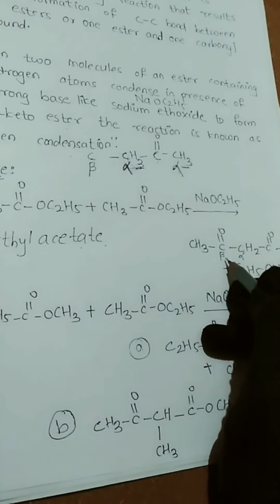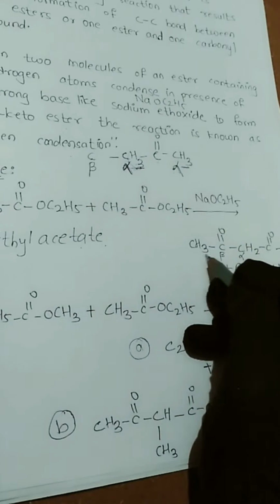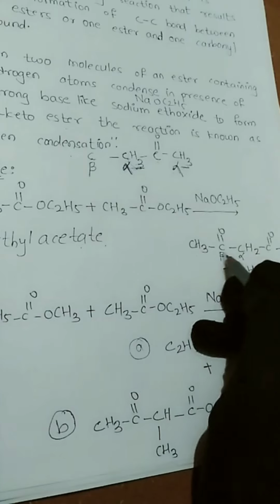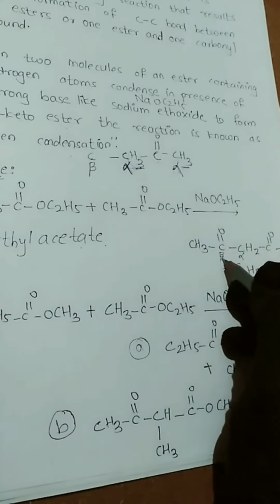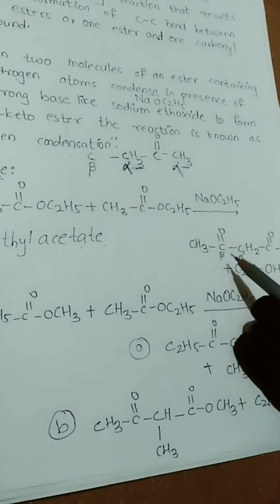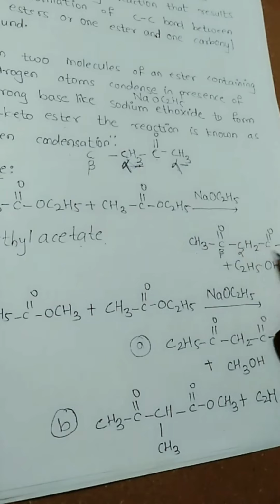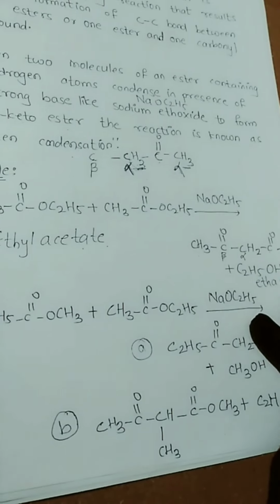So in the position of the beta there is a carbonyl, and then there is this methyl. Here you can see that this is a ketone and this is our ester. So we get beta keto ester plus ethanol.